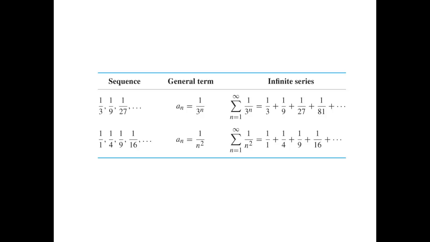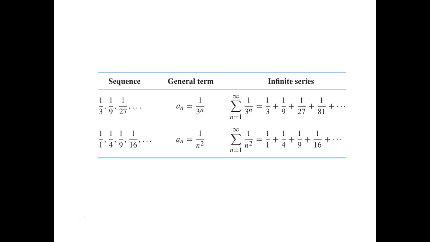What seems to be the general term here? 1/3 to the n, exactly. So the a sub n would be 1/3 to the n. Now, that's the general term of that.